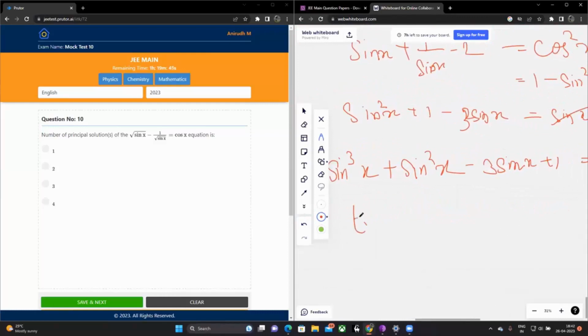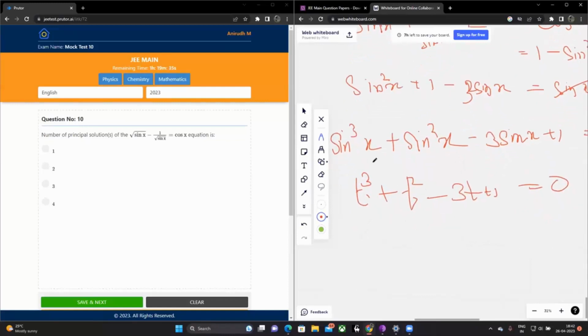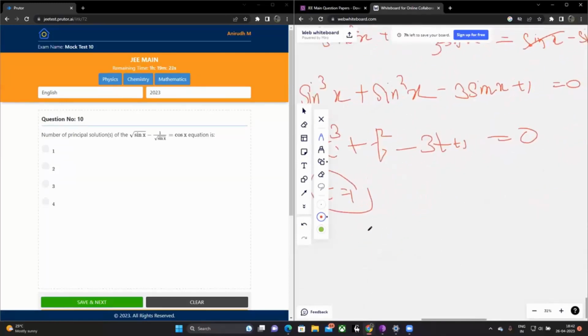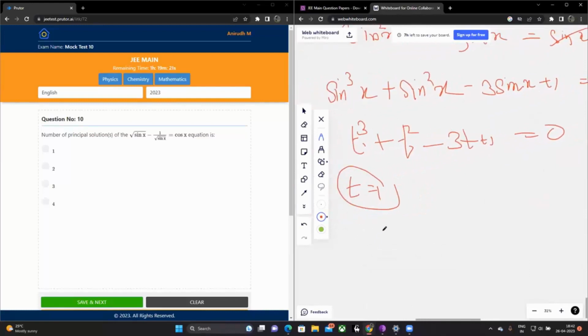Now taking sin x as t, because I don't want to write sin x again and again, it's t cubed plus t squared minus 3t plus 1 equals 0, right? Trial and error, putting t as 1 gives you 1 plus 1 plus 1 minus 3, which is 0. So basically t equals 1 is a solution, right? Taking that out, you get t minus 1 into t squared plus 2t minus 1.